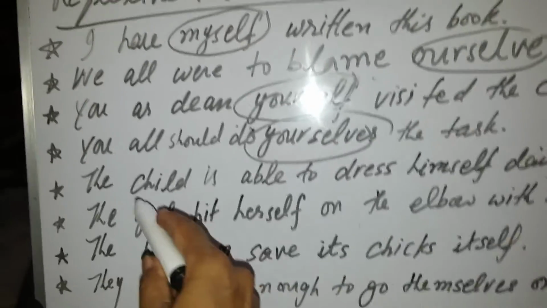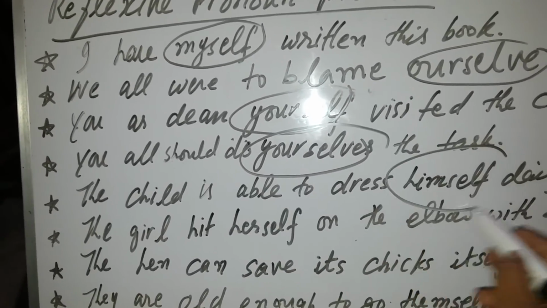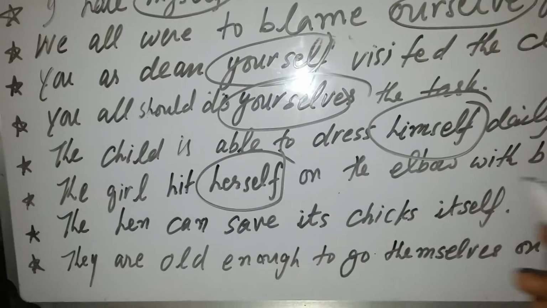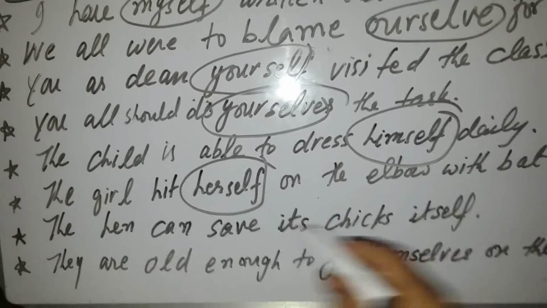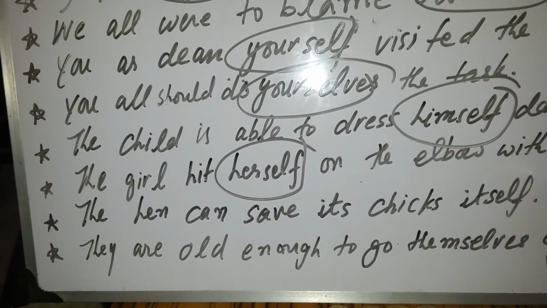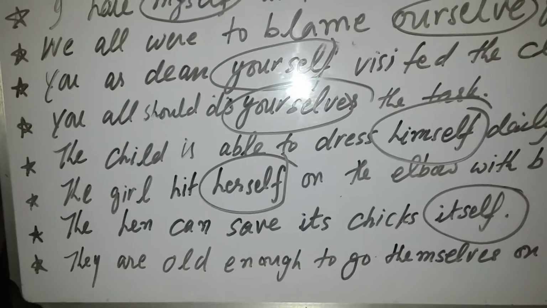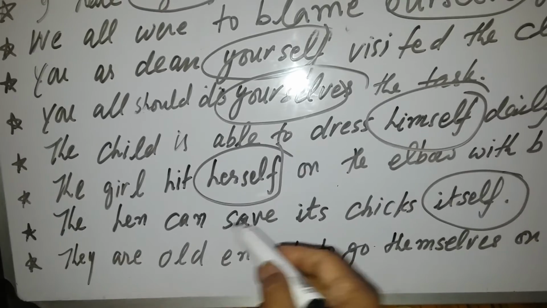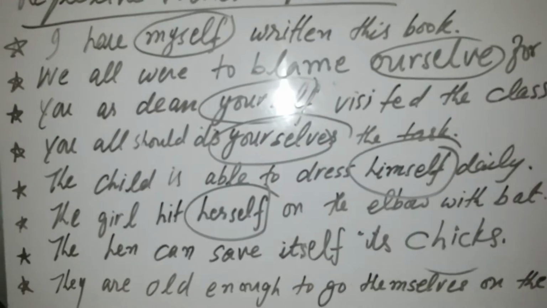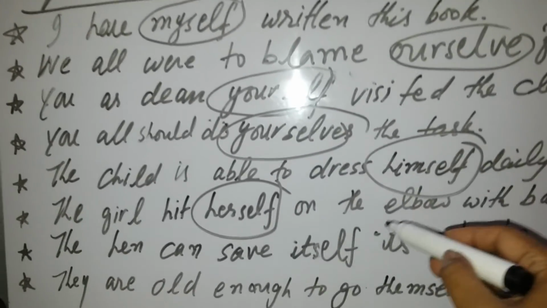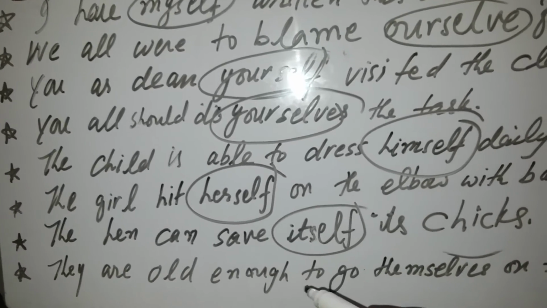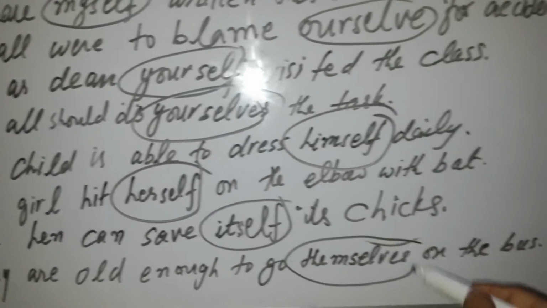The child is able to dress himself daily. The girl hit herself on the elbow with a bat. The hen can save its chicken itself. Or we can say that the hen can save itself its chicks. They are all old enough to go themselves on the bus.